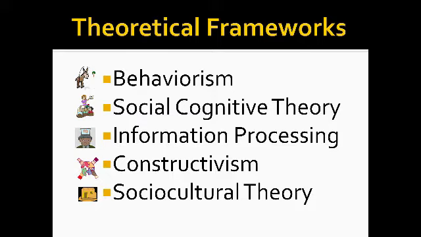We're going to draw upon social cognitive theory, which is the way in which we watch other people, other learners, and we learn vicariously through the ways that other learners get reinforced or punished. We're also going to fold in some information processing theory, and that has to do with how we maintain attention in our classroom environment so that we can get stuff into working memory and on into long-term storage.